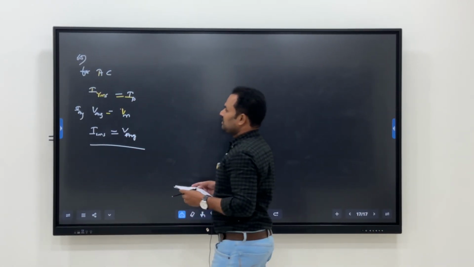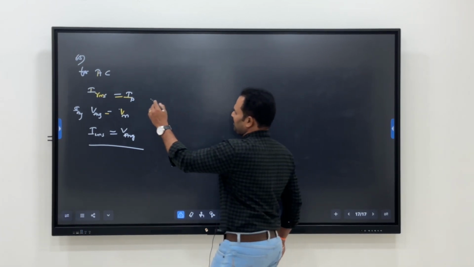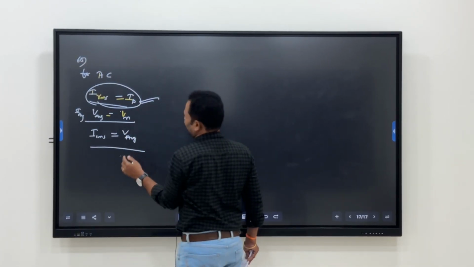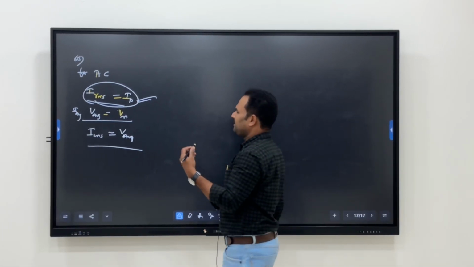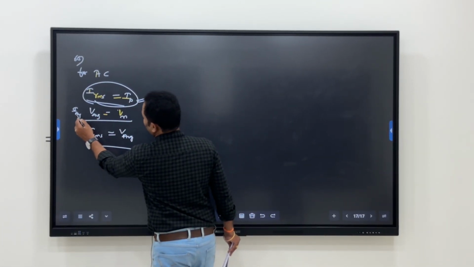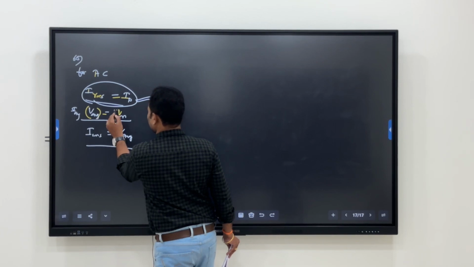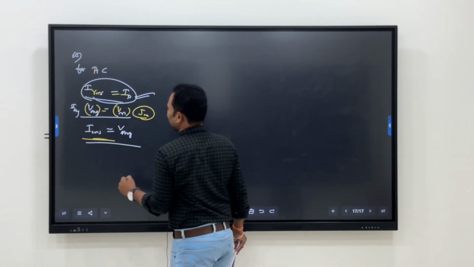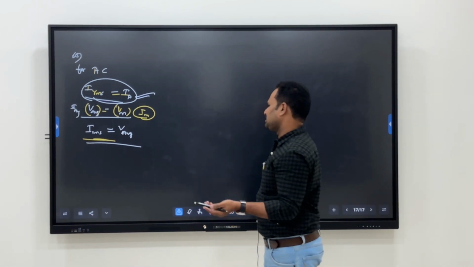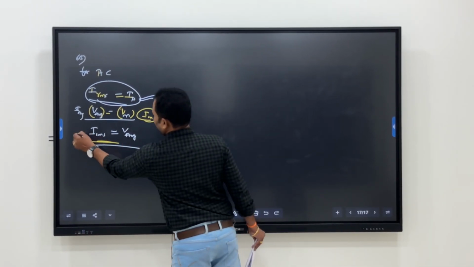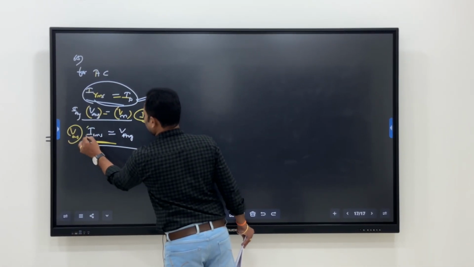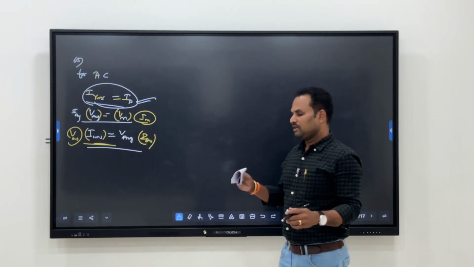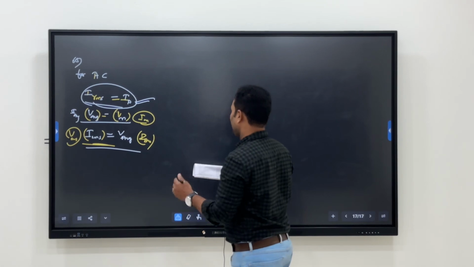So I RMS or V RMS equals V p or V m, and V RMS equals V average, or I RMS equals I average. Mathematically it is possible, so among the following options all are correct.